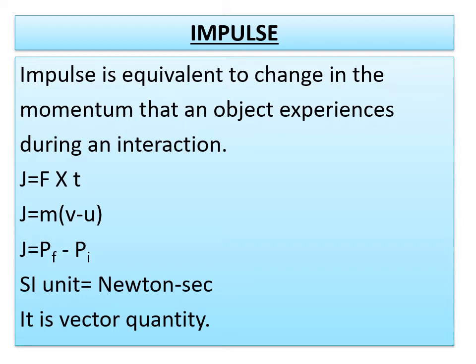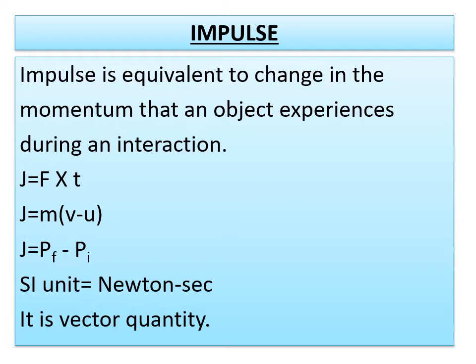If you take final momentum as Pf and initial momentum as Pi, then the impulse is equal to Pf minus Pi, final momentum minus initial momentum. So that's the expression equivalent to change in momentum that an object experiences.